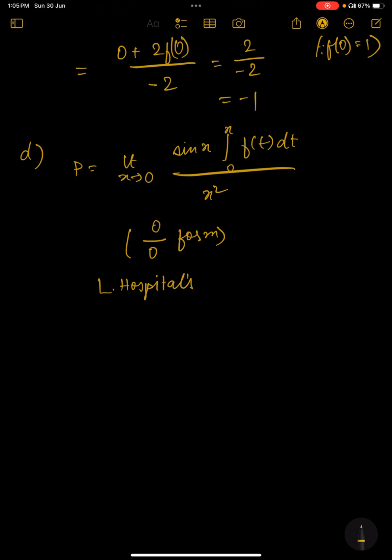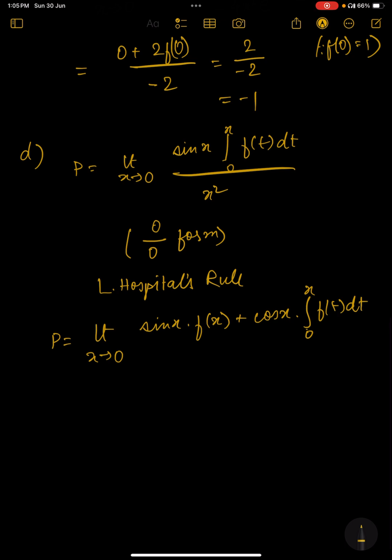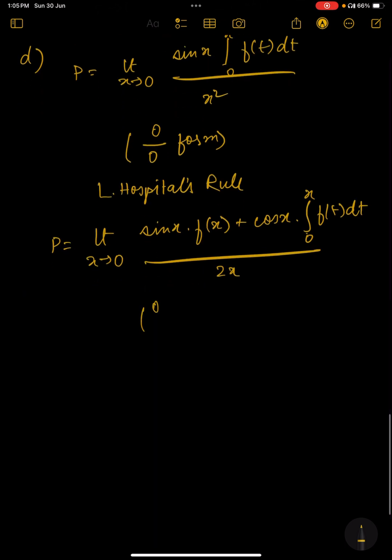So we have P is equal to limit x tends to 0 of sin x f(x) plus cos x integral over 0 to x f(t) dt by 2x. Now this is still in 0 by 0 form.